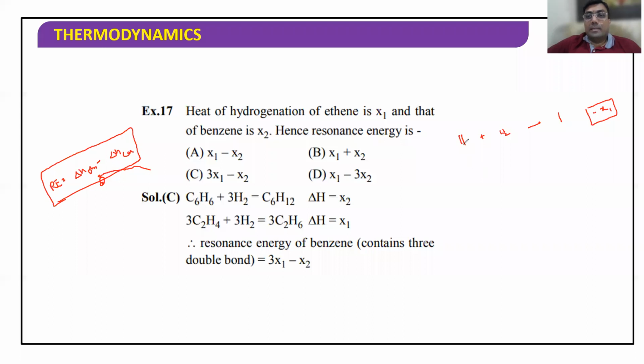Benzene means how many double bonds will be there? Three are there. Three means this will be minus 3 X1. So resonance energy means that's what it is.